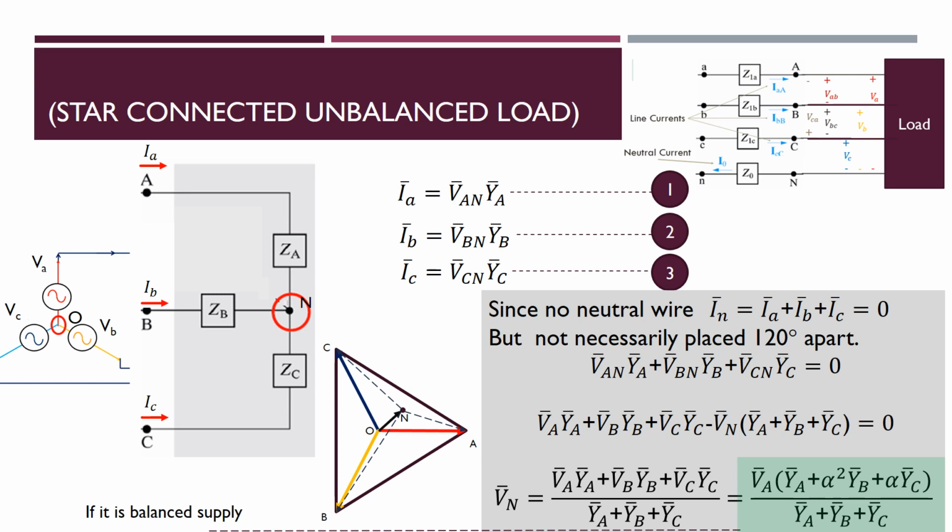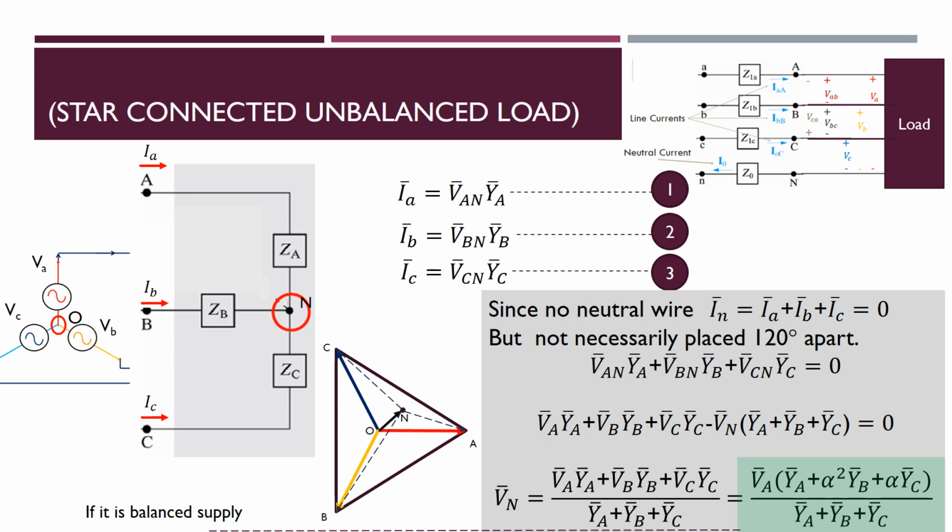Similarly you can write an equation. VAN can be split as VA minus VN. Here VA is the source voltage with respect to the O terminal. Let's say the O terminal is earth, in the source. So you can see this is the VA.